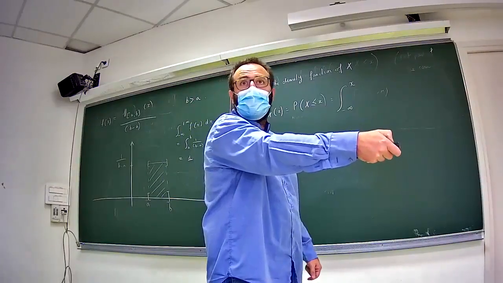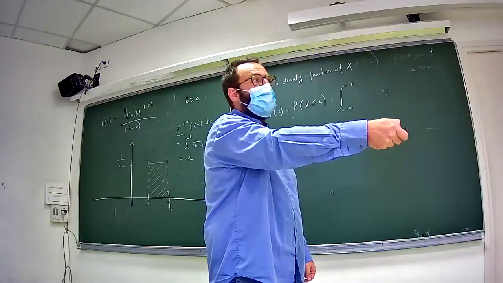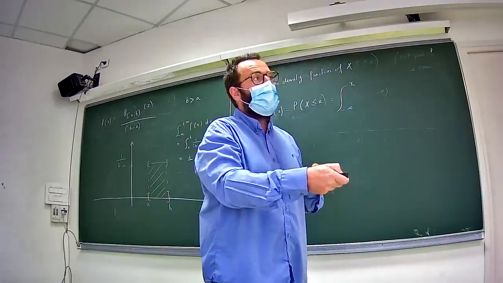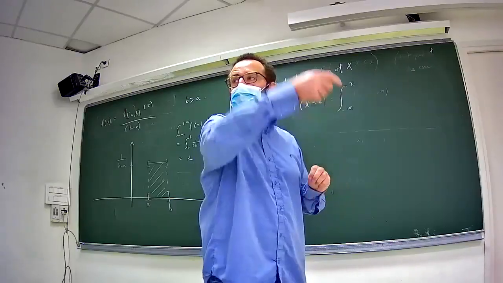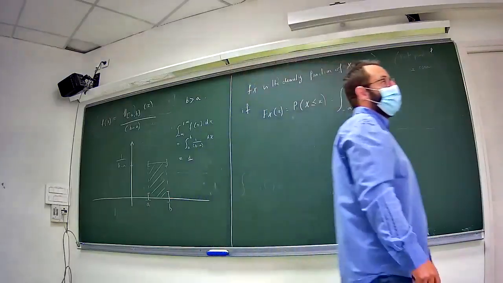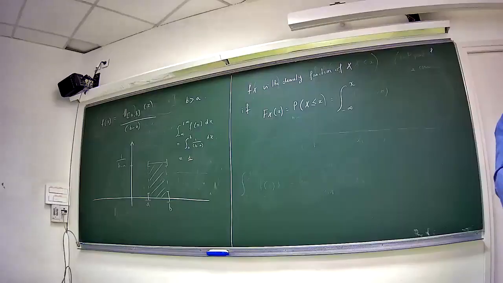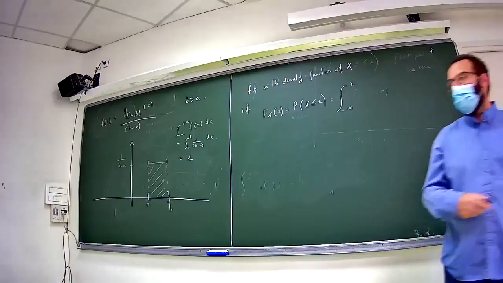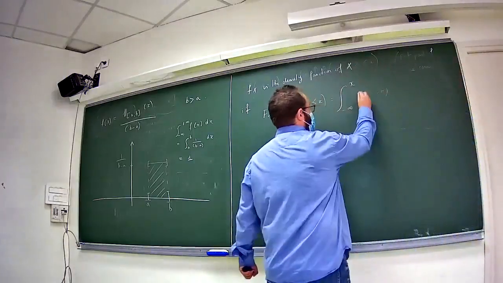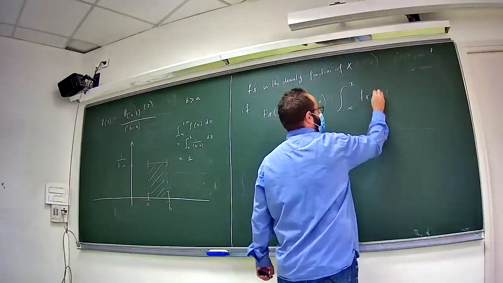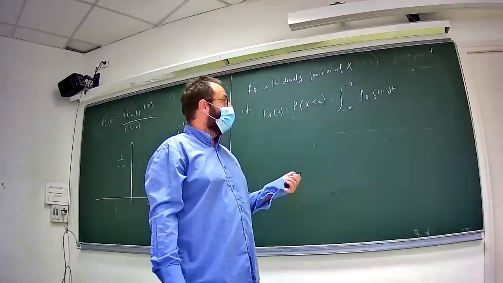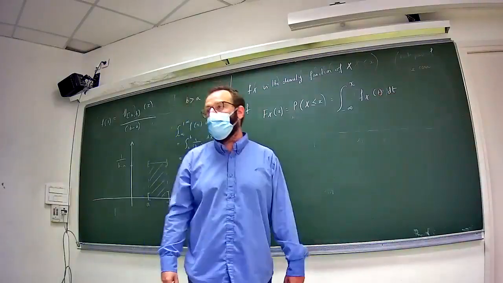If you write it, it's okay, because you have the variable of integration and what you have in the bounds, so a priori you can give the name you want to this one, u, z, t, what you want. But in order to avoid mistakes, in general, we use different notation for the variable of integration and what I have in the bounds here. So that's why I can use u or s for this one, for example, whatever. The name of this variable doesn't matter in the computation of the integral.